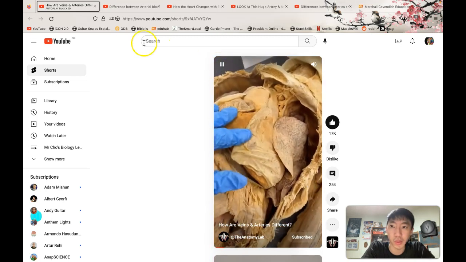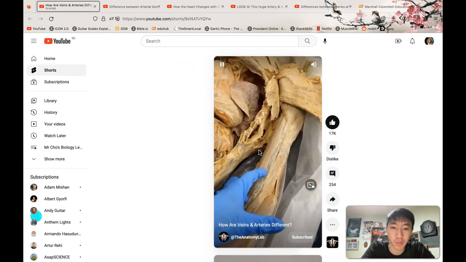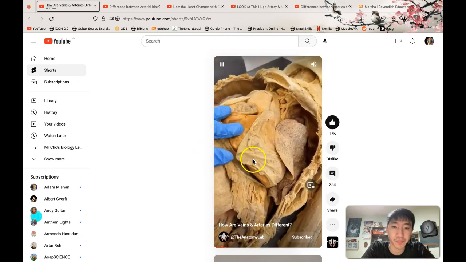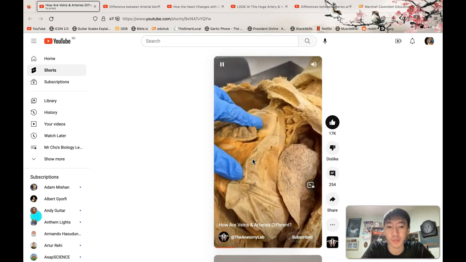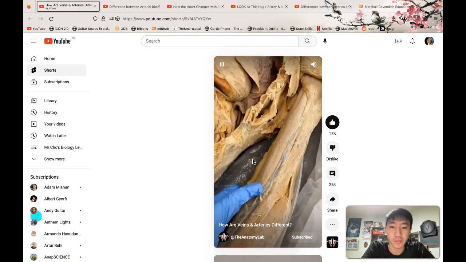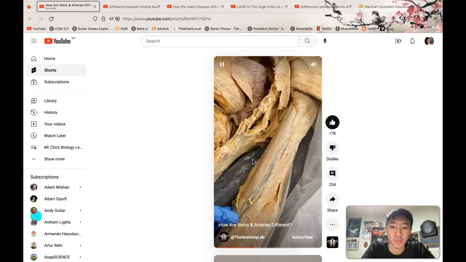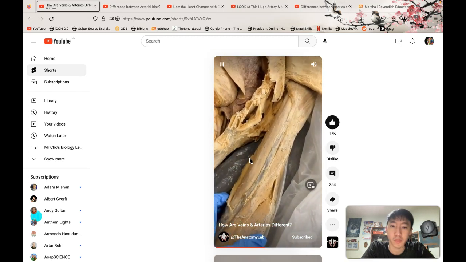Veins such as this one right here are going to return blood back to the heart, but you have to understand that the heart really only provides pressure through these arteries, such as the ascending aorta here. There's not much pressure inside of veins that's coming from the heart. It's a very small amount of pressure. So in order for the blood to get back to the heart, there are tiny little one-way valves inside of the veins.